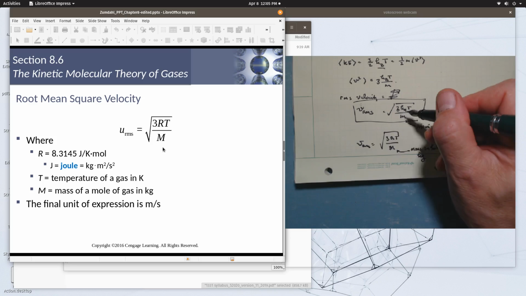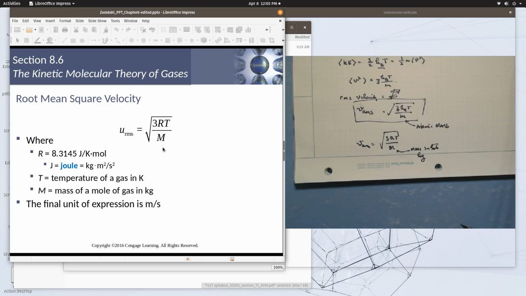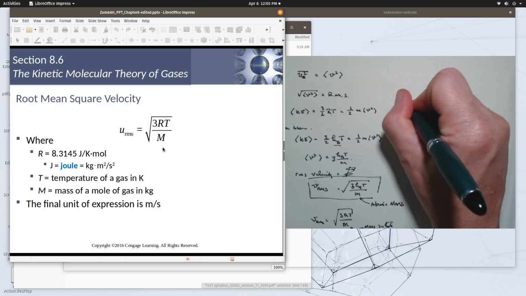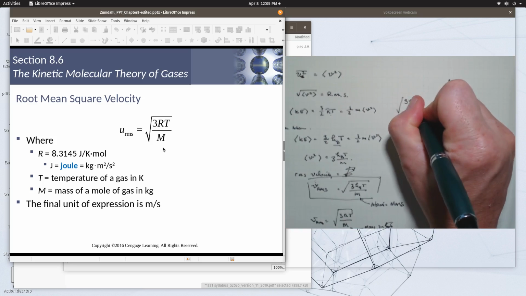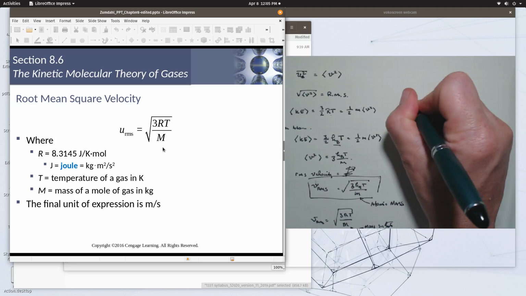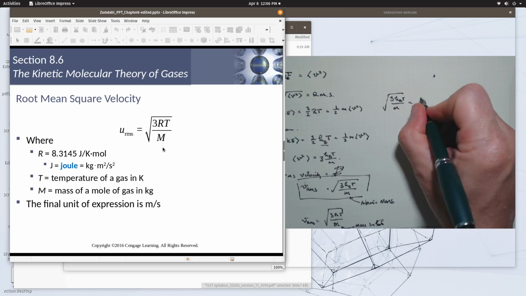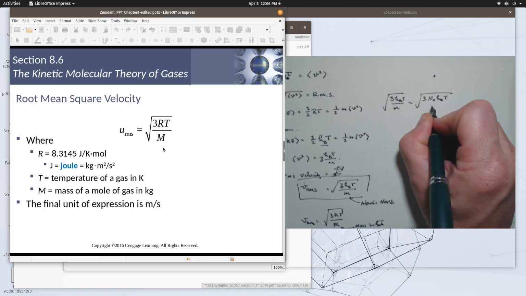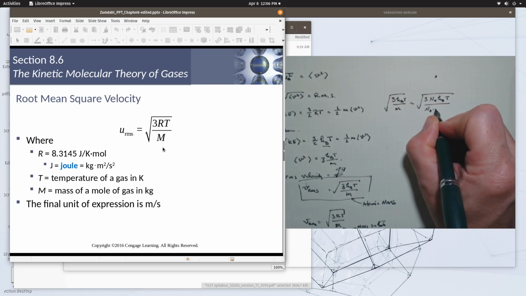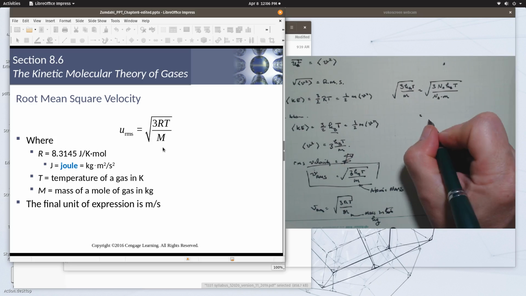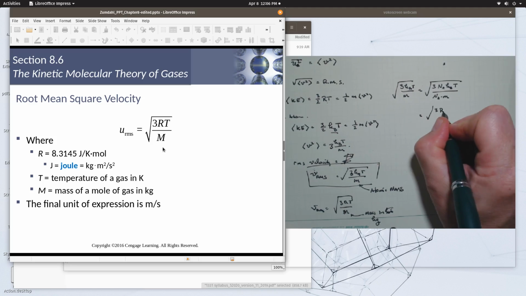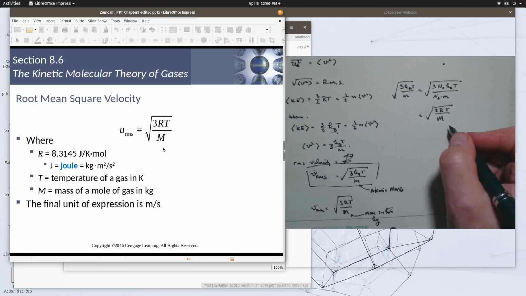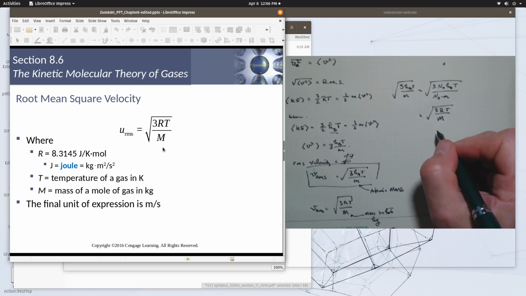And again, the only thing that I've done is multiply the top and bottom by Avogadro's number, right? So the only difference is that 3 kBT divided by the atomic mass is equal to 3 Avogadro's number times kBT, divided by Avogadro's number times the atomic mass, which is now equal to 3RT divided by the molar mass, the mass of 1 mole in kilograms.